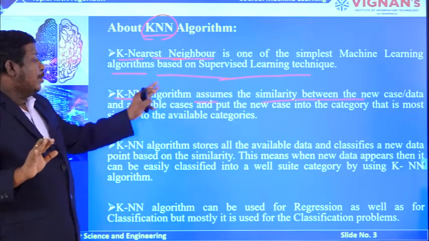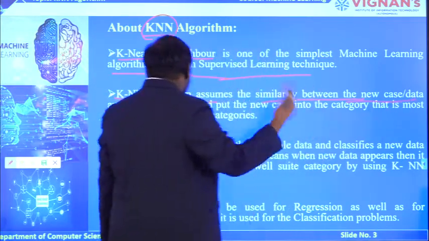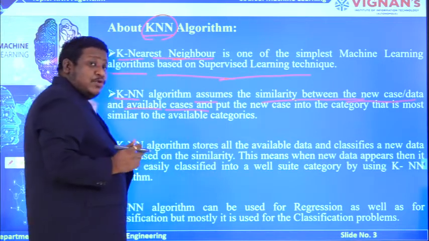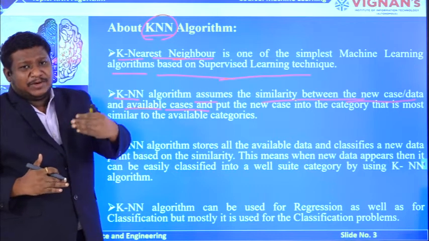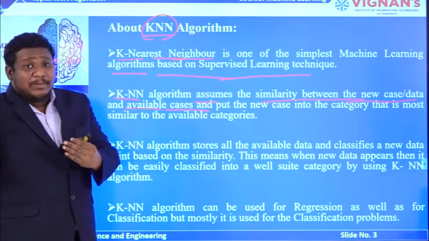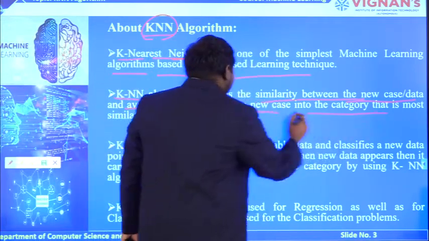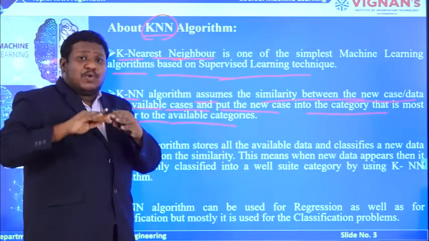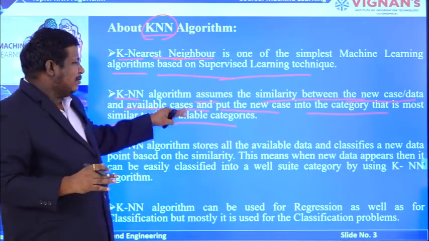It assumes the similarity between the new case or new data point and the available cases. It takes the similarity between the new data point that you are going to check and the cases already available in your data, and puts the new case into the category that is most similar to the available categories. That means, what is going to happen in the KNN algorithm you can simply understand with this point.